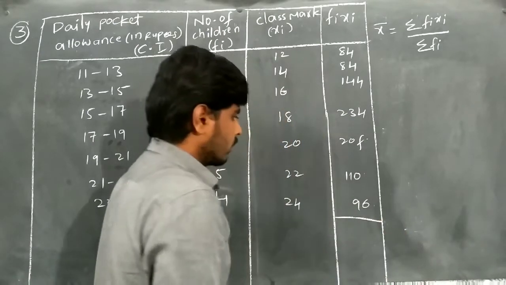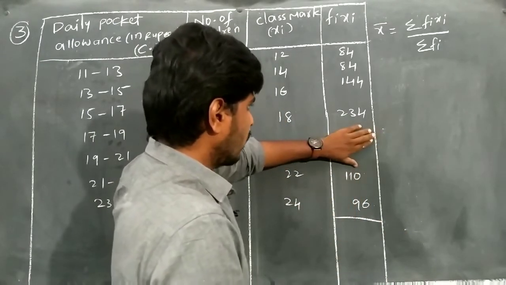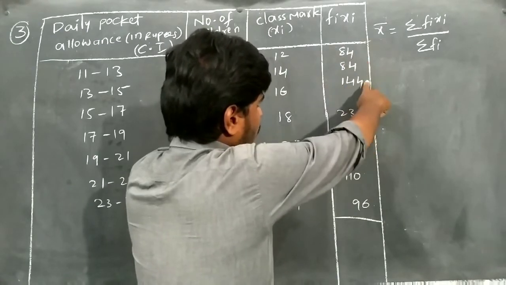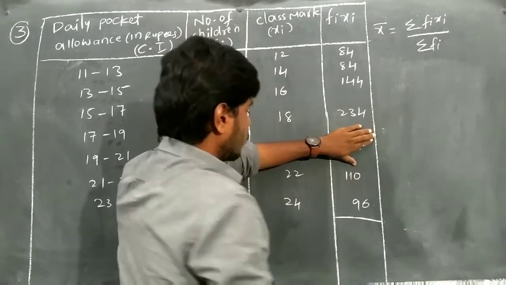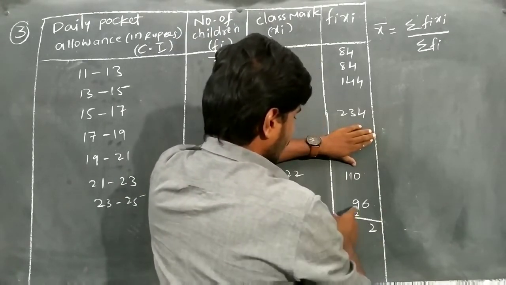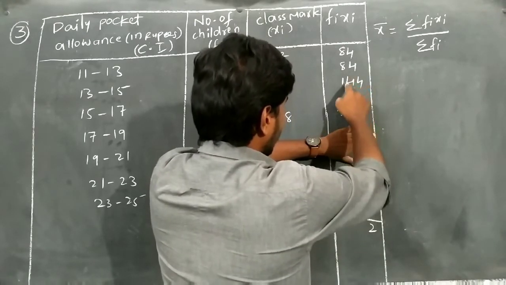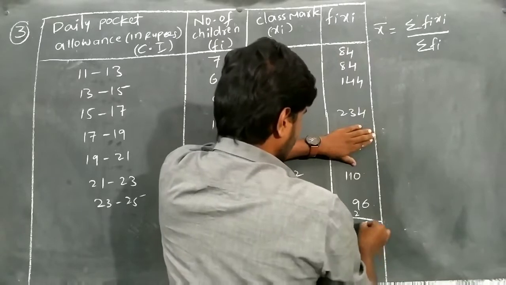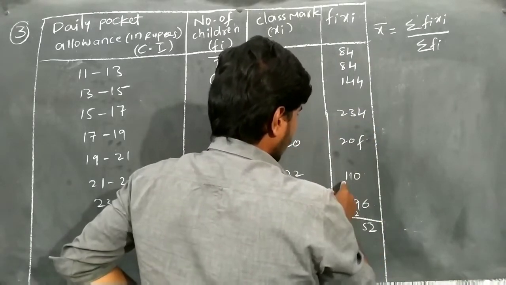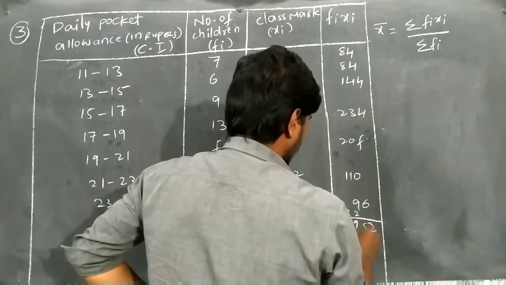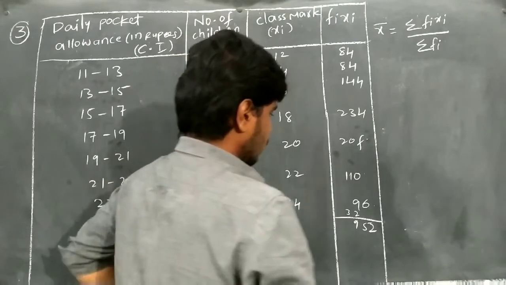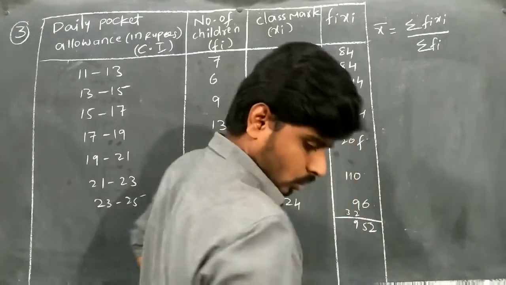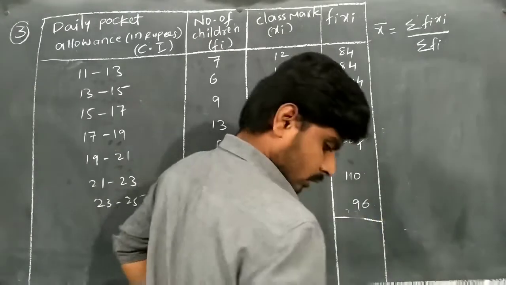Keep 20f aside and add the remaining ones: 84, 84, 144, 234, 110, 96. Adding them, we first thought 952, but on checking again, I think it is 752.